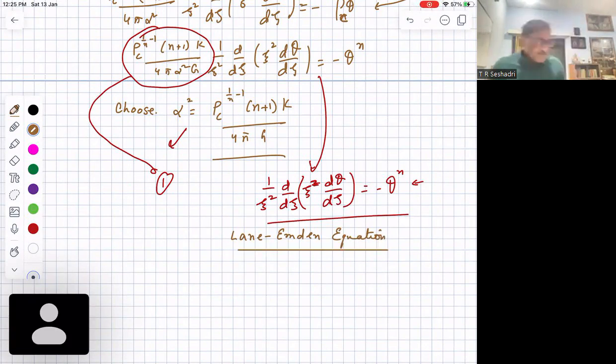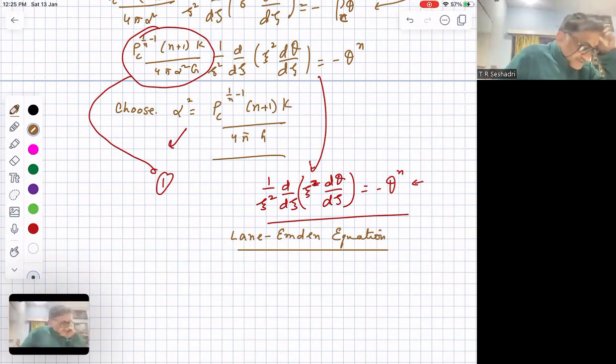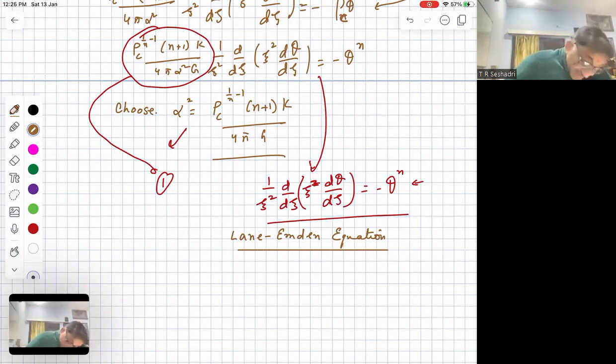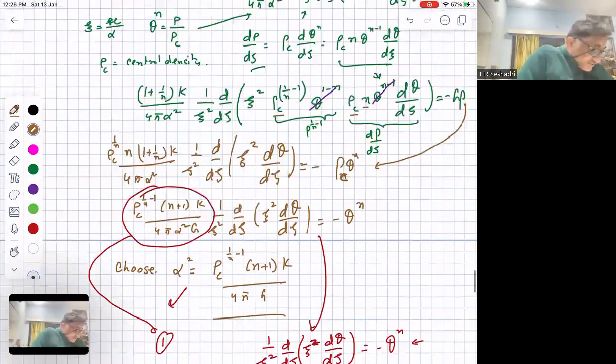This is supposed to be a very stable condition, right? It depends on various parameters of n and so on. If I set n equal to 0, what do you think it is?